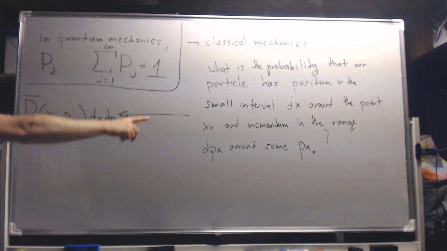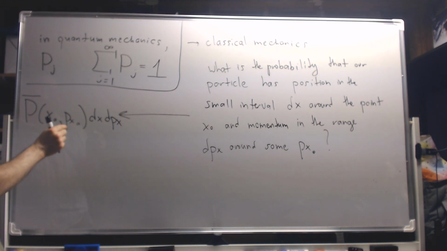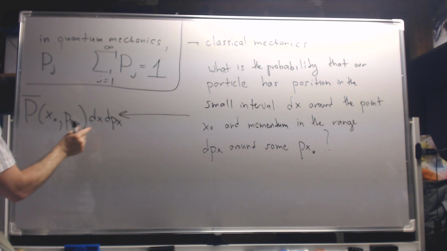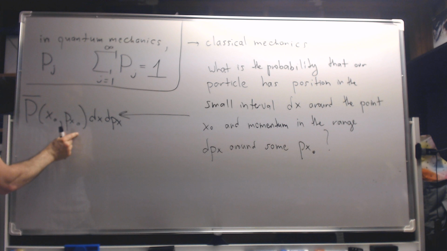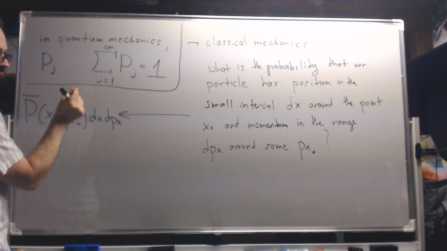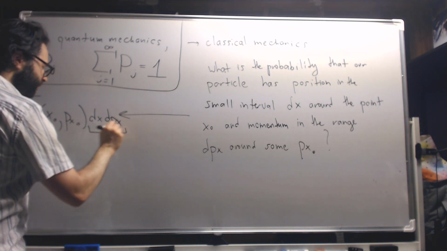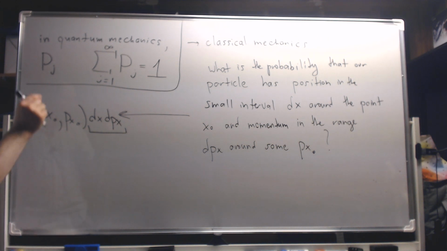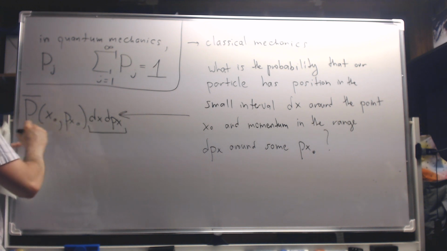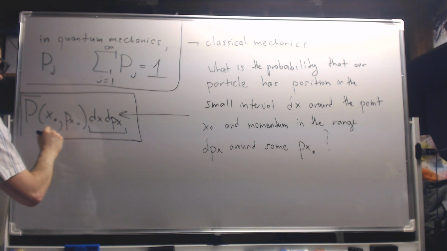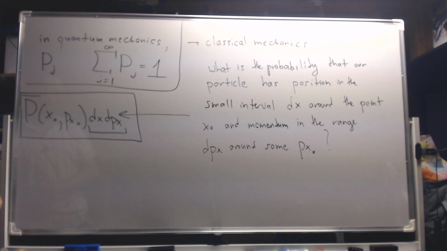This is the probability that the particle's momentum is in a small interval dpx around the value of momentum px naught, and the particle's position is in a small interval dx around the point x naught. And so notice that the probability value has the interval in it. The value of the probability, this whole thing, depends on the interval itself and must be included.